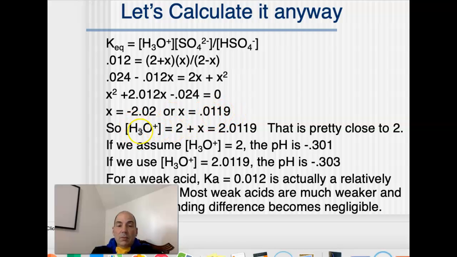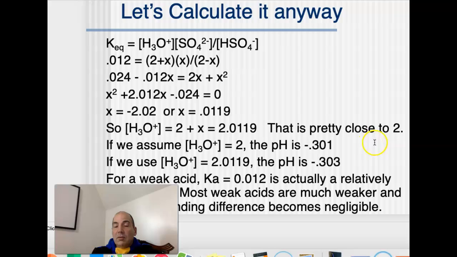So the hydronium then was 2 plus x, which is 2 plus 0.0119. Well, that's still pretty close to 2. So we did that extra math, but didn't really need to. If we had just assumed the hydronium was 2, we would have gotten a pH of negative 0.301. If we do out the calculation and use 2.0119, the pH is negative 0.303.